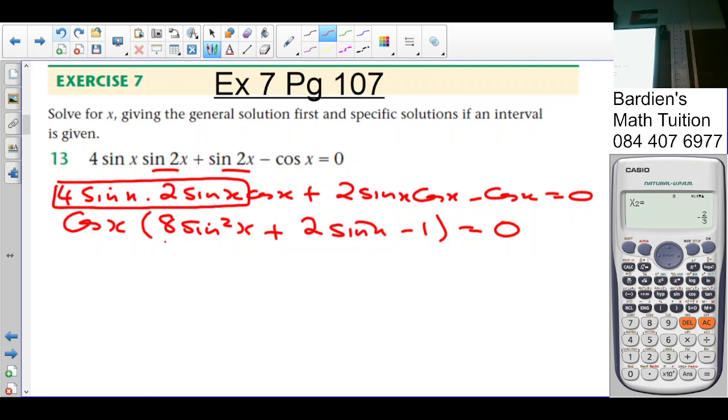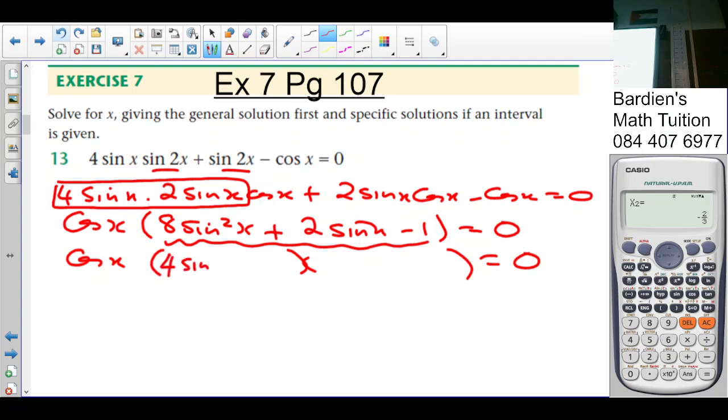So what's going to happen here? What do we have there? Trinomial. So it's cos x into. Again, you can use your quadratic formula or you can factorize. So it's 4 sine x, 2 sine x, 1 and 1.